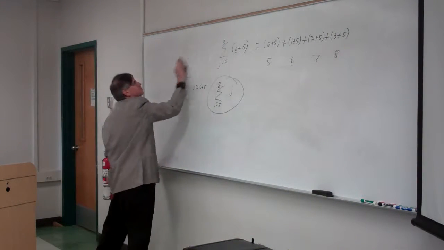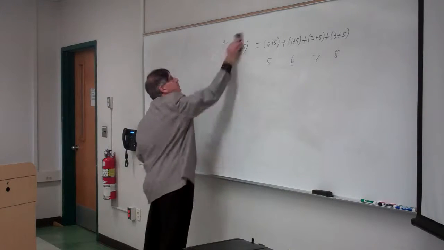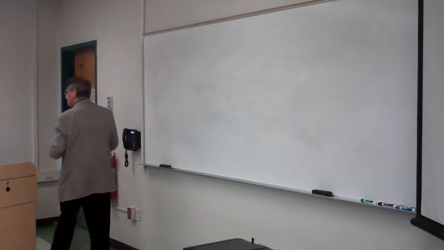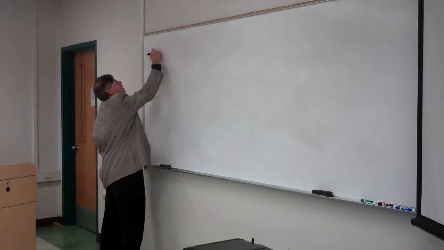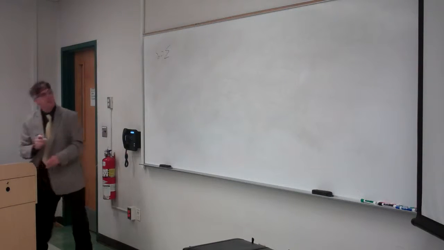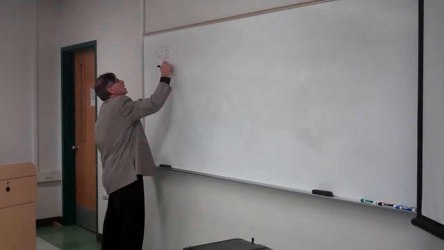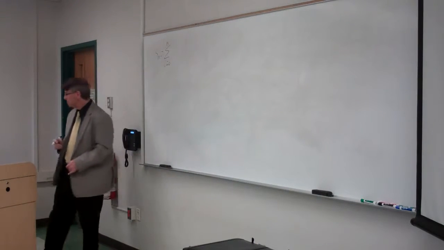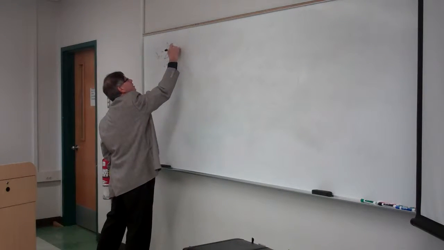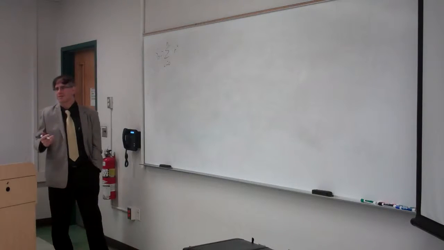So let me leave you today with one particular sum that will come up fairly frequently. So let's do the sum from i equals 0 to n of r to the i, where r is some fixed number.